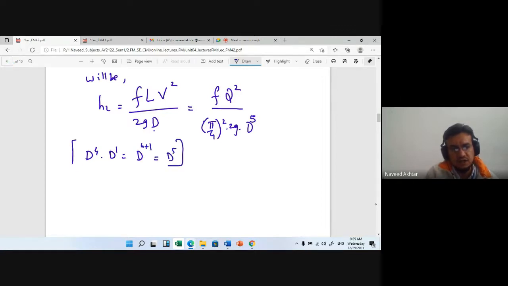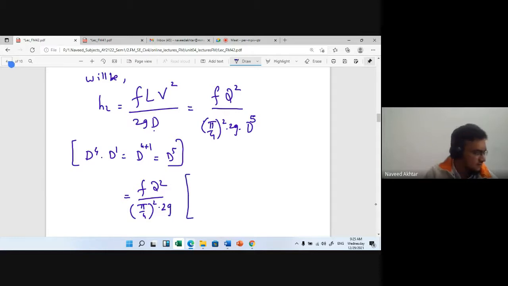So it will be written as F Q square upon pi by 4 whole square into 2G, in bracket, L1 upon D1 raised to 5 plus L2 upon D2 raised to 5.